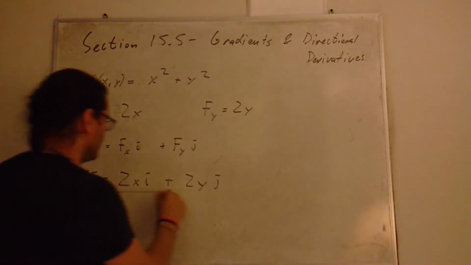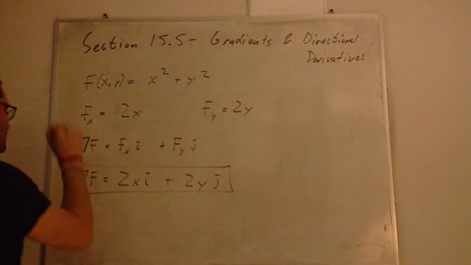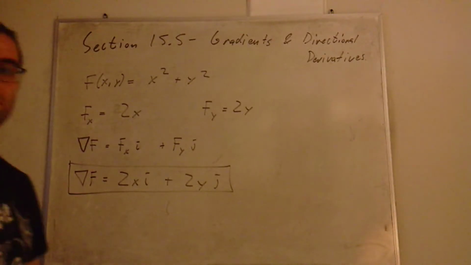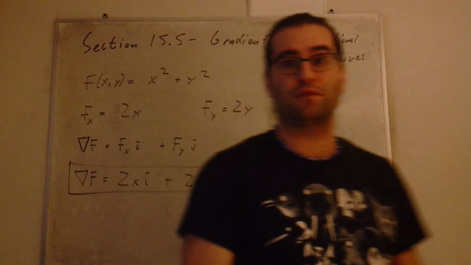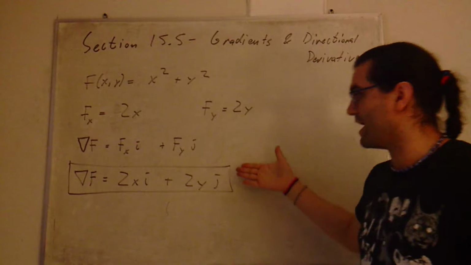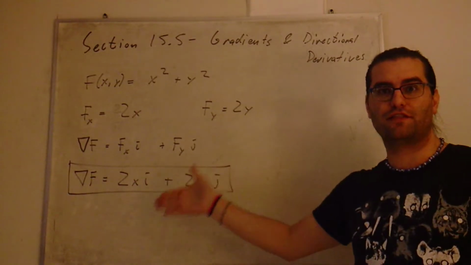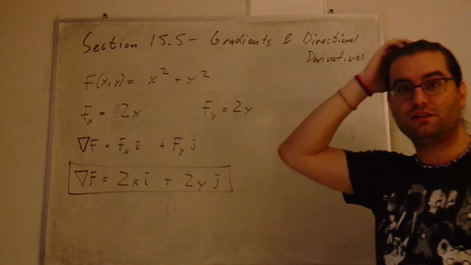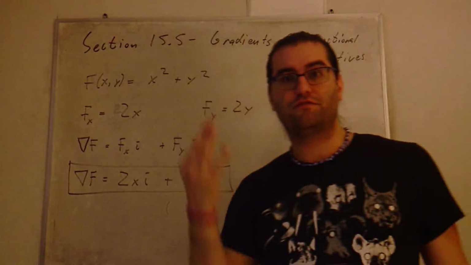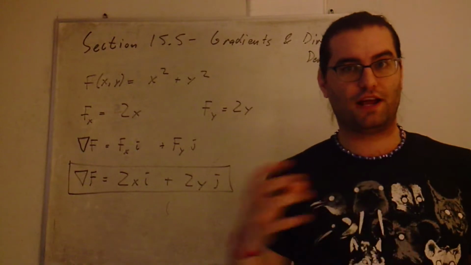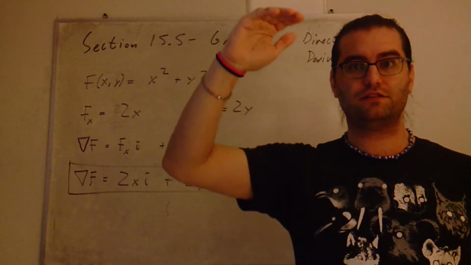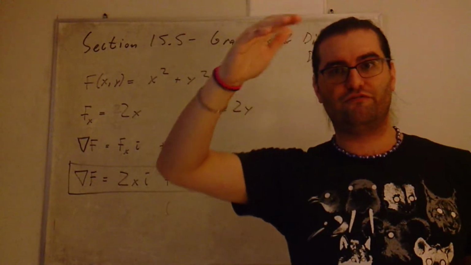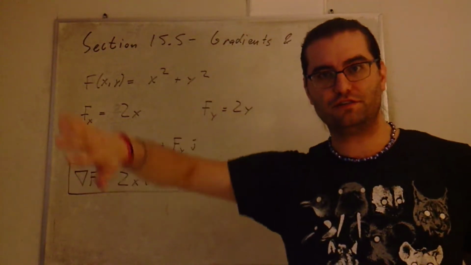And now we should pause for a moment to contemplate what this means, because this is, for us, a brand new kind of thing. We have never seen a thing like this before. We have seen three-dimensional functions where you plug in an x and a y value and you get a height, and as you vary the x and y values you get a surface.